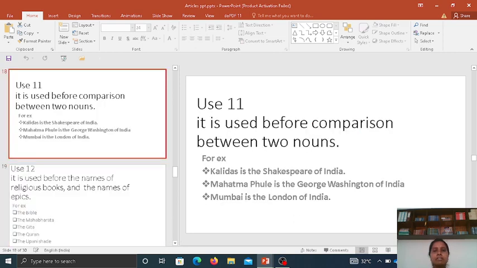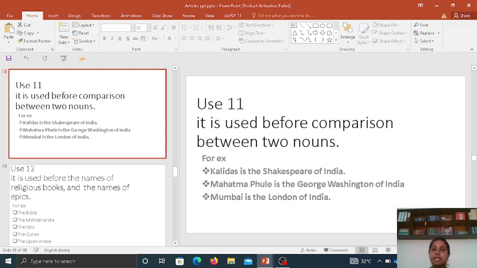Then use number 11. It is used before a comparison between two nouns. For example, Kalidas is the Shakespeare of India. Here, Kalidas and Shakespeare are both nouns and they are being compared. That's why we have to use "the" here. Again, the second one is Mahatma Phule is the George Washington of India.